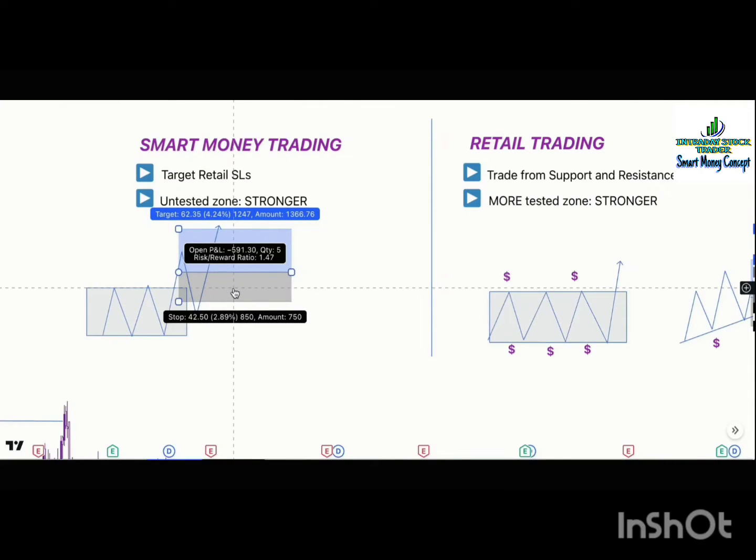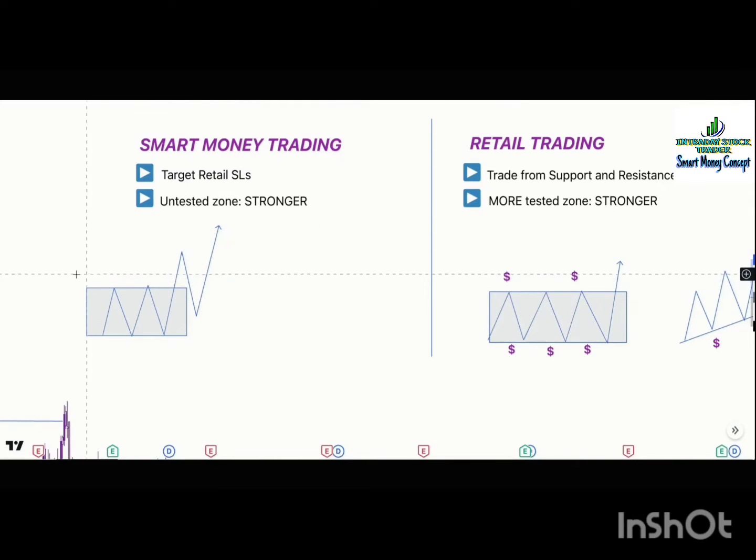So this is not a smart way of trading, where you lose a huge amount of money, and when you win, you don't win much. So as a smart money trader, when you see this zone, you could identify this as either an accumulation zone or distribution zone. The accumulation zone is the zone where the market movers put their buy orders so that the price could shoot up rapidly.